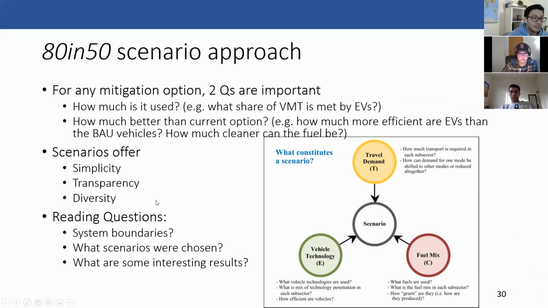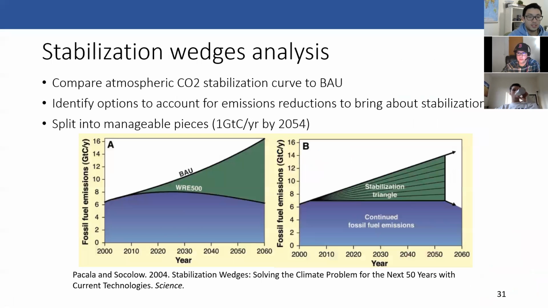Okay, so let's continue onwards. Stabilization wedges. So this is building off a little bit on the outcomes of that 80 and 50 study.